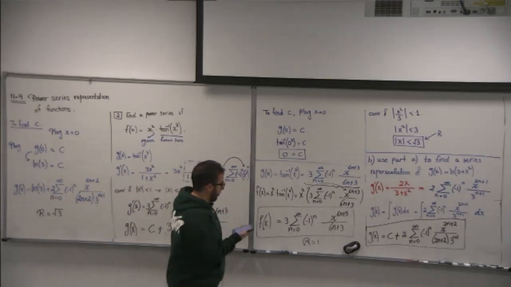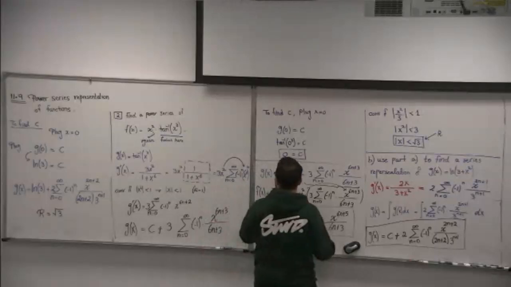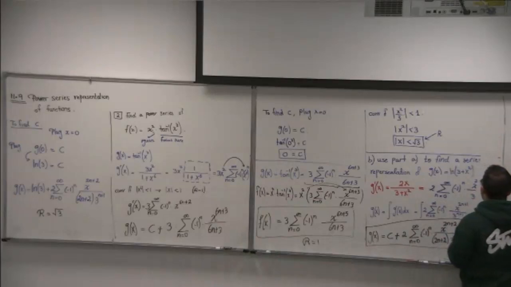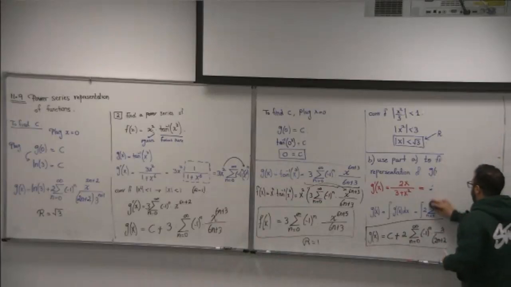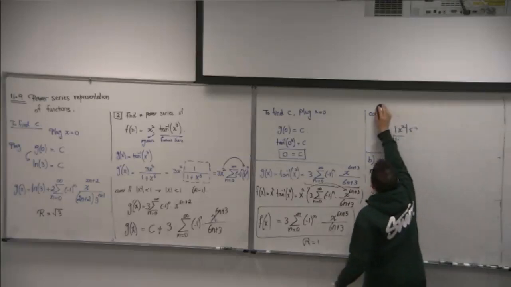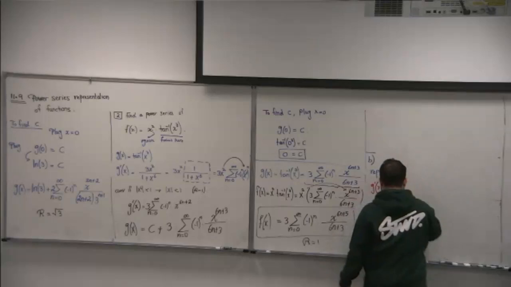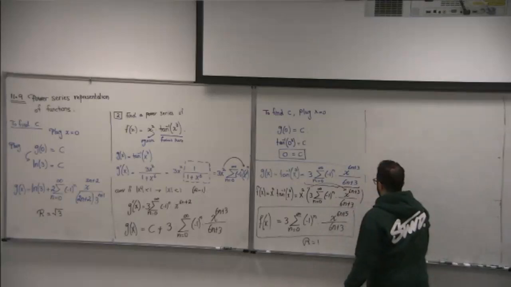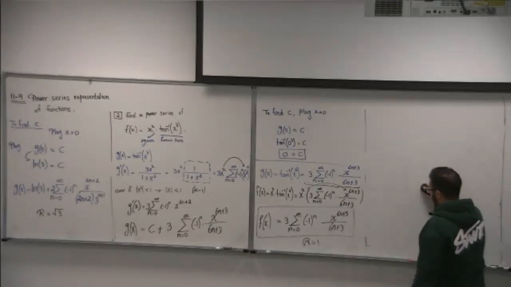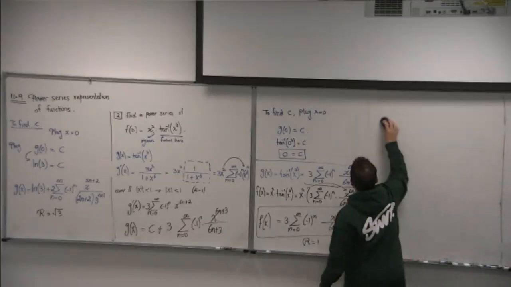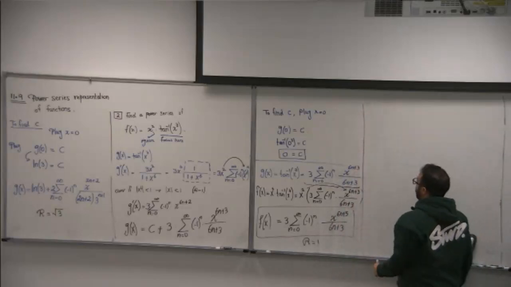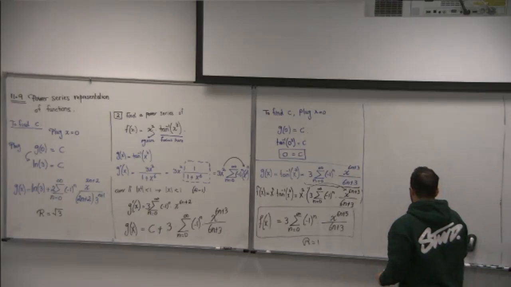Okay, let me have one more question as well. We covered the case of tan inverse, we covered the case of ln. Let's cover a case where we have to integrate, then differentiate. Okay, number 3.